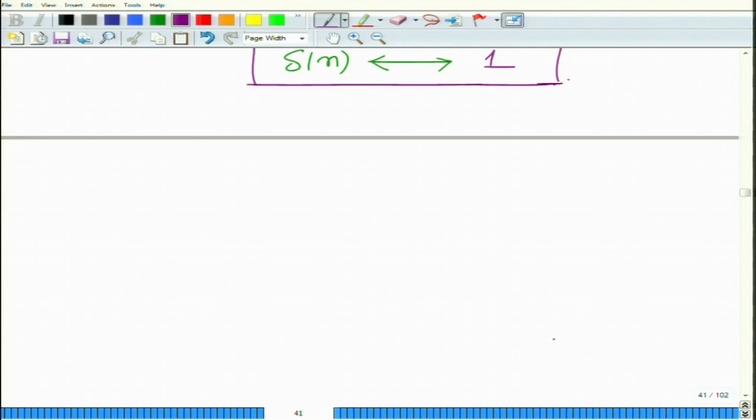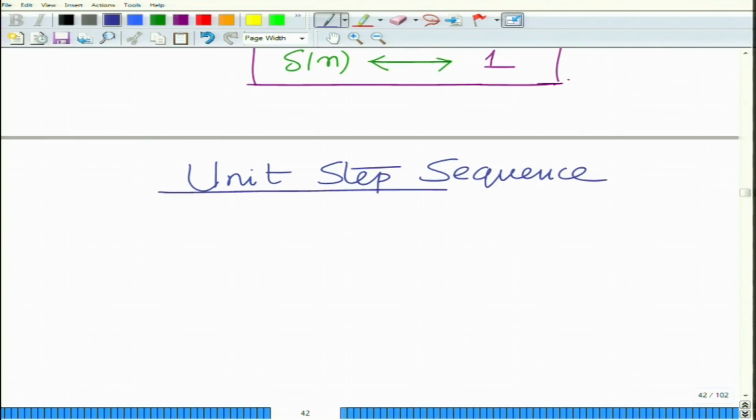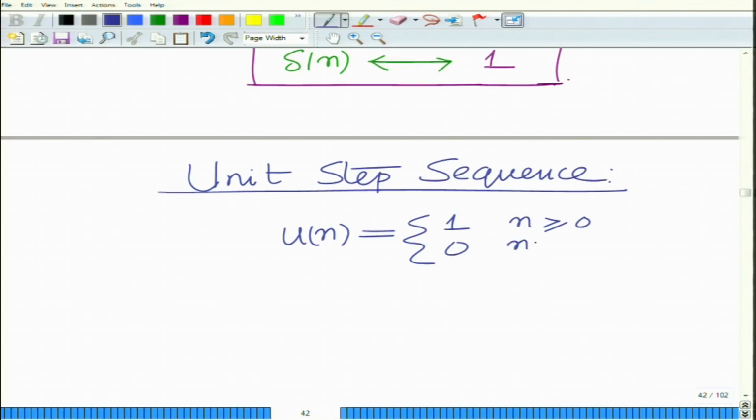Okay. Let us quickly look at another common signal, that is the unit step sequence, the discrete time unit step sequence u n equals 1 for n greater than or equal to 0, 0 for n less than 0.